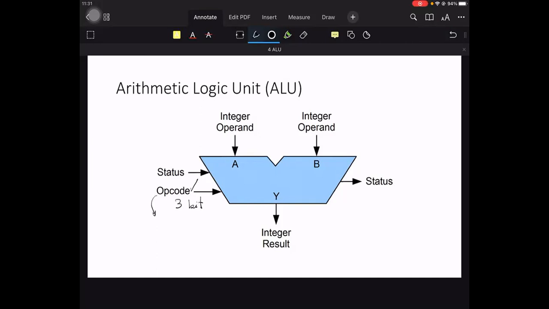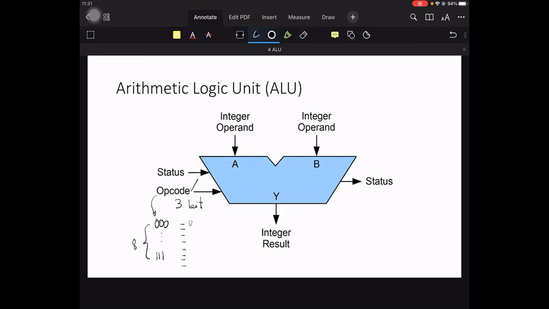So ang opcode, if 3 bits siya, pwede siya mo receive og inputs from 000 to 111, which is 8 ka buok. So pwede siya maka-perform og 8 ka operations. So opcode means code for the operations.